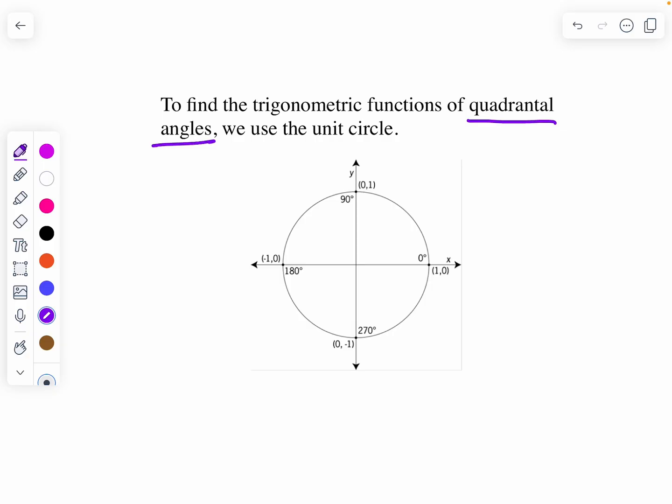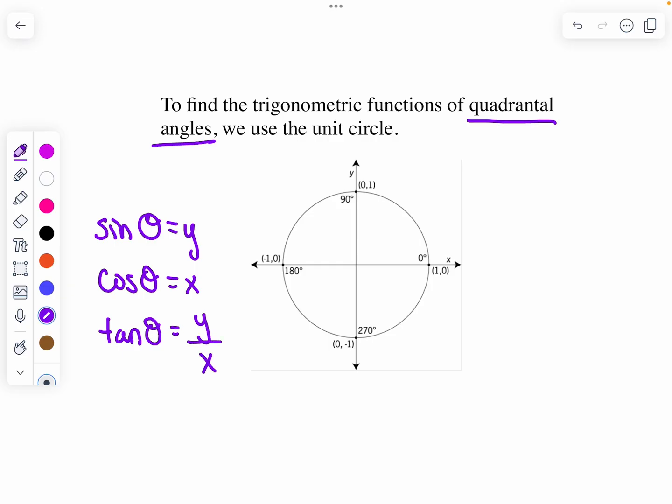You can rely on the relationship that you know that, in a unit circle, sine of an angle is the y-coordinate, cosine of an angle is the x-coordinate, and tangent is the y-coordinate over the x-coordinate.